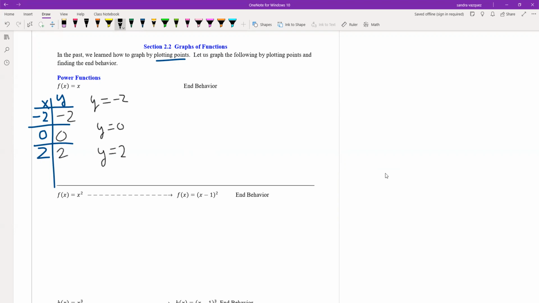Okay, so now let me go ahead and graph it. I do recommend you use a ruler, because it's better to use a ruler than not to. Okay, so then I'm going to label the -2 point, it's right here, and then 0, 0, and then 2.